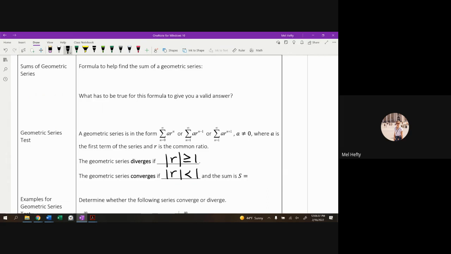What's the next term? How many terms am I adding? Infinitely many, right? So what's 1 plus 1 plus 1 plus 1 plus 1, if I go all the way out to infinity? Big, right? Infinitely many ones is infinity. So that's why that equal to is on the diverges. Again, the absolute value bar is just taking care of it if our ratio is negative. Kind of going back to what Austin said about oscillating, our terms can alternate between positive and negative.